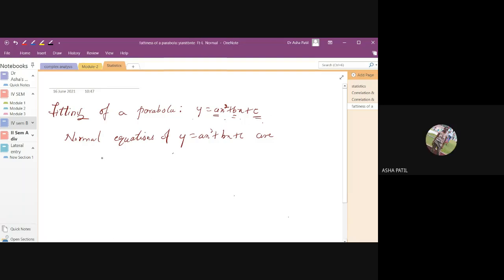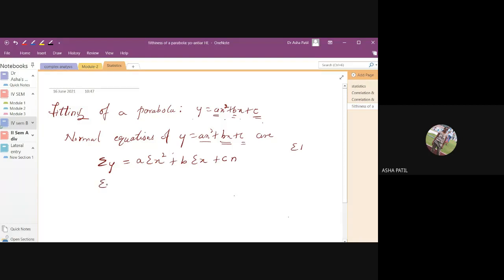So we have summation of y is equal to a times summation of x square, since a is a constant, then b times summation of x, and the last term is the constant c, which will be summation of 1, which is n. Okay, this is the first normal equation.